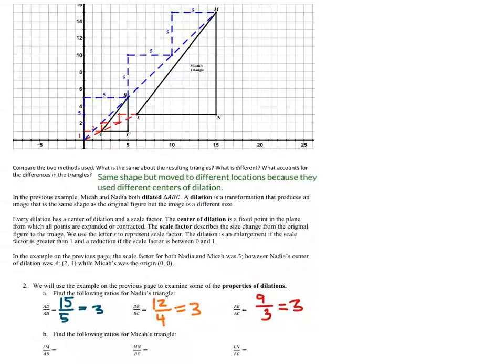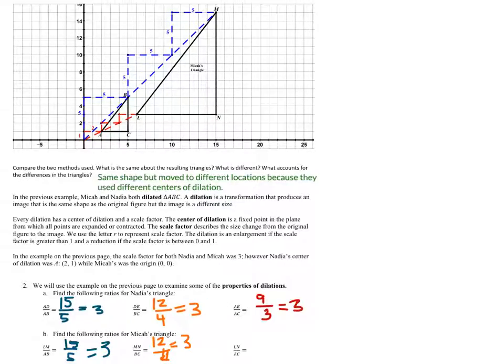We can do the same thing with Micah's. LM, which is 15, and then AB, which is 5, so when we divide these, we get 3. Then MN, which is 12, divided by BC, which is 4. This also gives us 3.